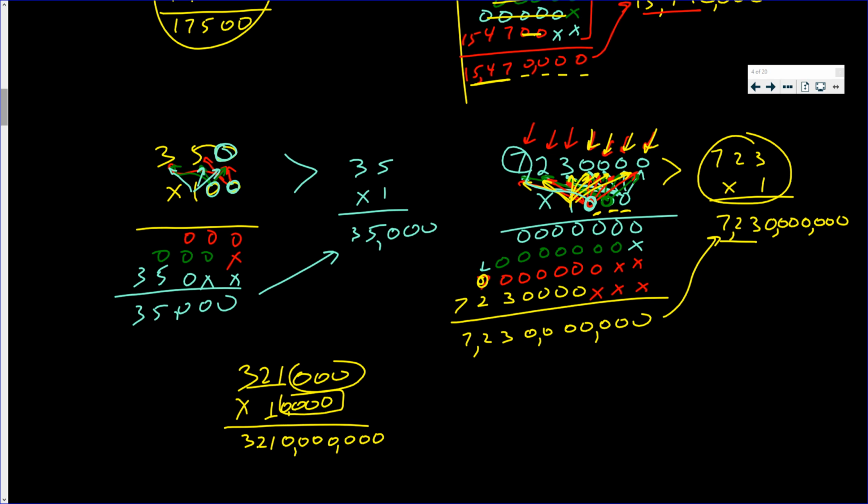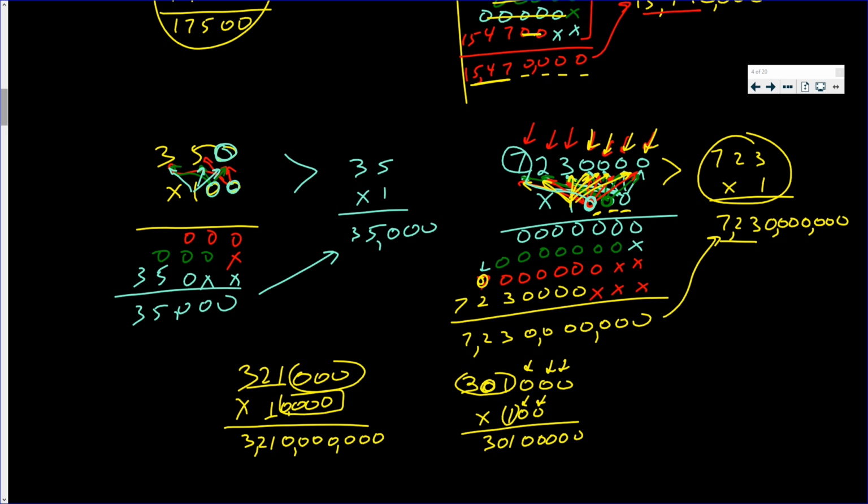Now, I just want to be very clear. If you have 301,000 and you're multiplying this by 100, so 301 times 1 is 301. You add on 1, 2, 3, 4, 5 zeros.